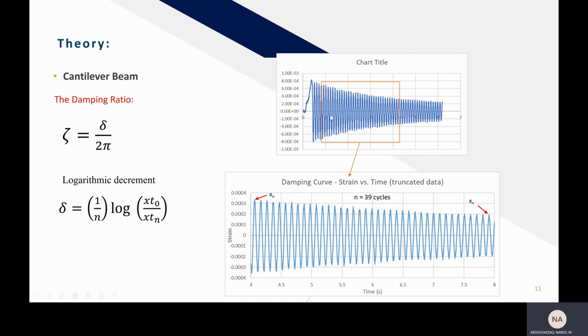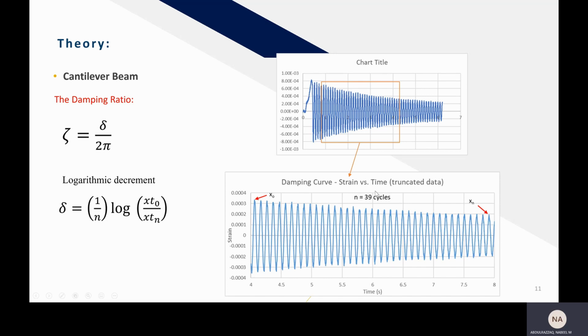Now if you take a portion of this data, the x sub o in this equation is the initial displacement, or the initial amplitude, and the x sub n in this equation is the final or the last amplitude based on the portion that you select from the original data.